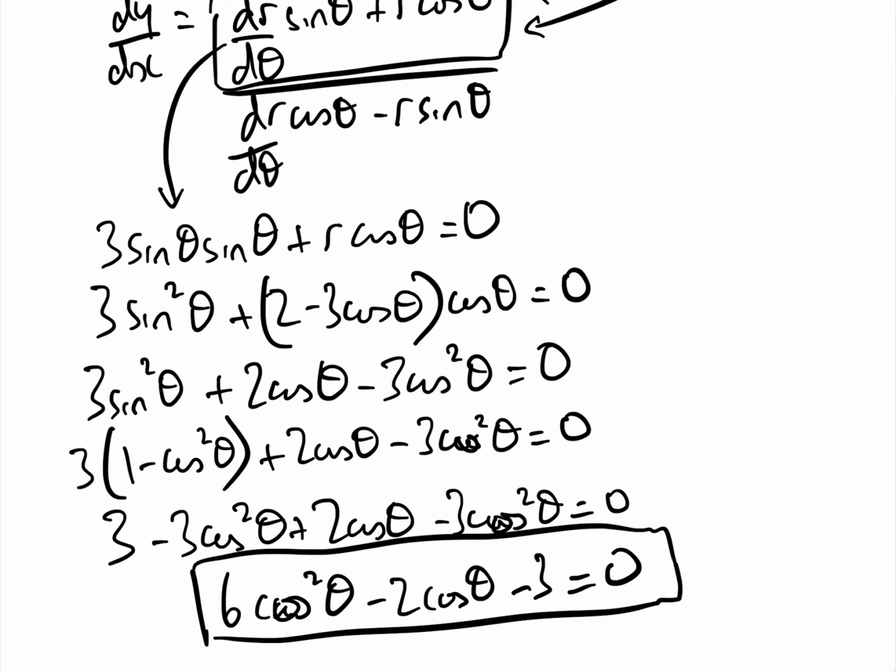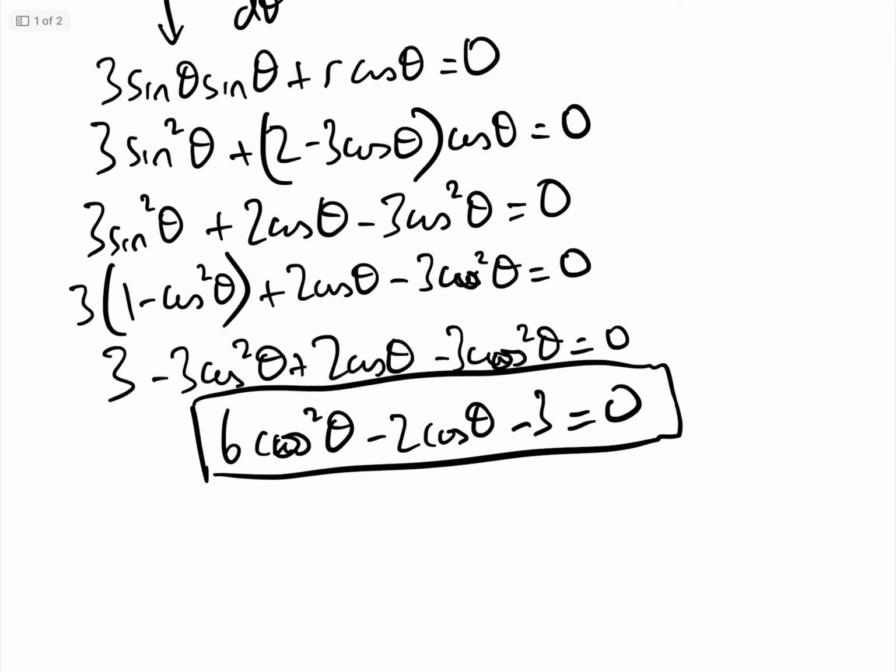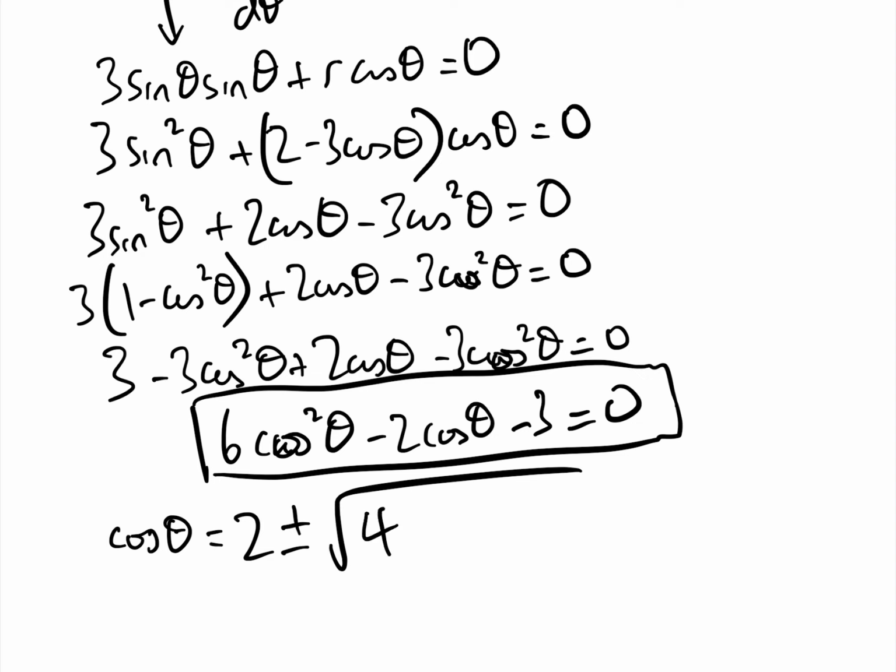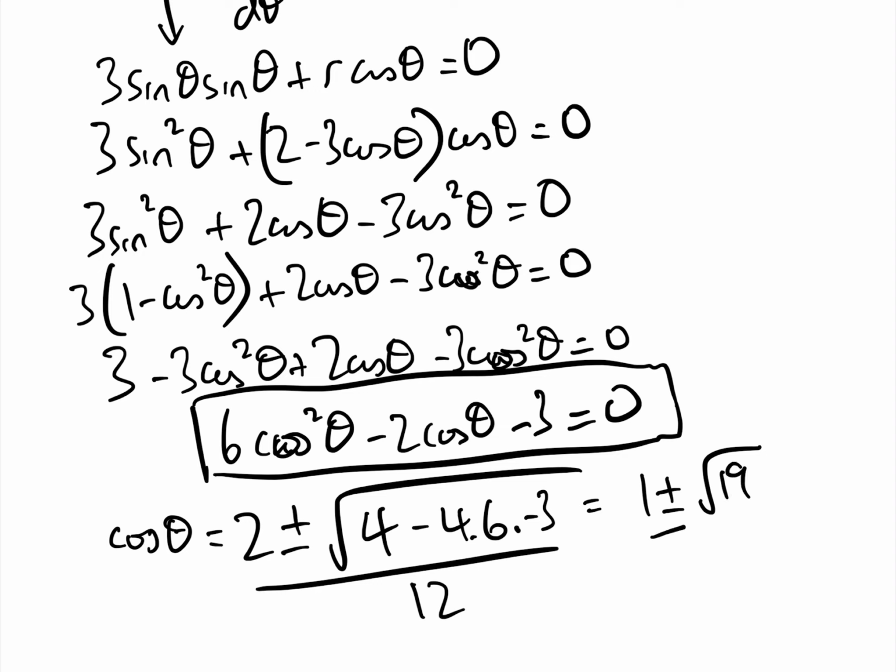That is a quadratic equation in cos theta that we can solve easily. Using the quadratic formula, cos theta equals minus b, which is 2, plus or minus the square root of b squared, which is 4, minus 4 times a times minus 3, all over 2a, which equals 1 plus or minus root 19 over 6.